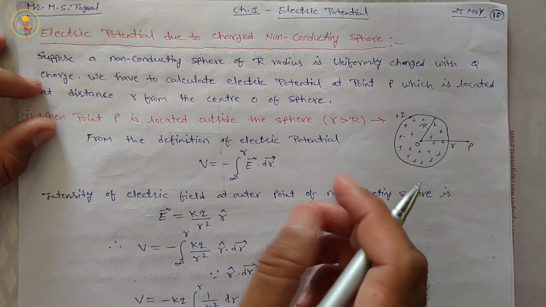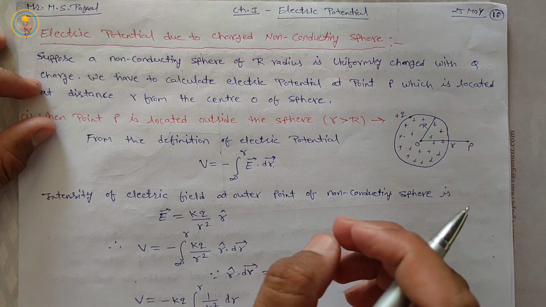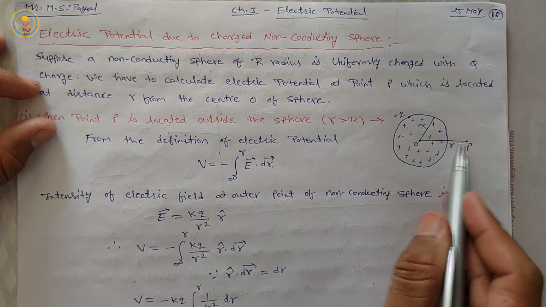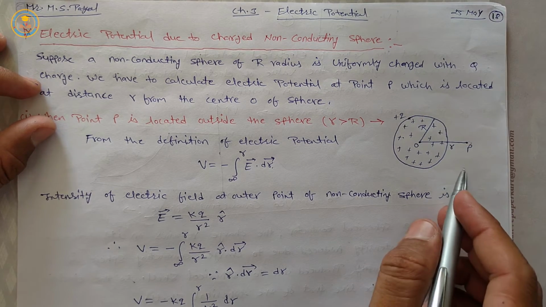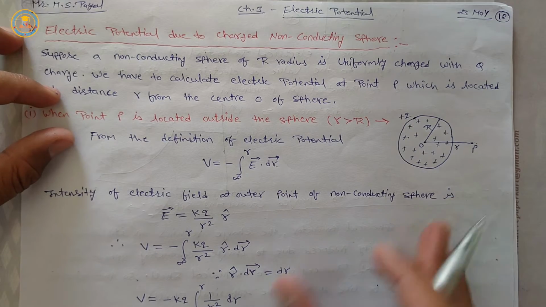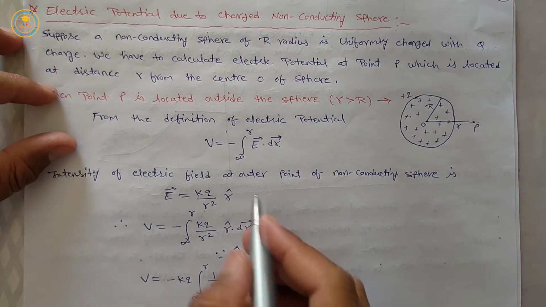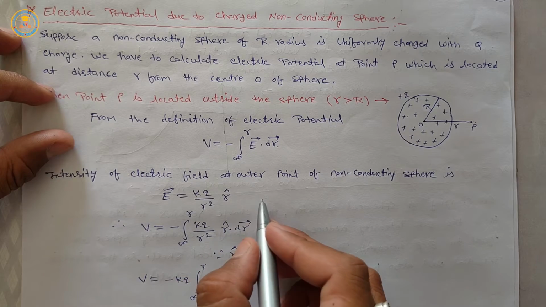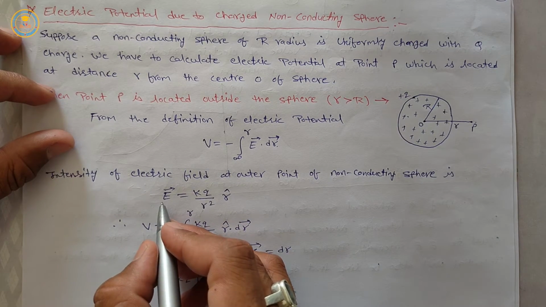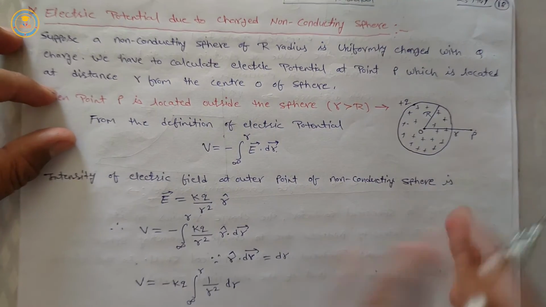From the previous chapter, we know that the electric field intensity at an outer point of a non-conducting sphere is E equals kQ upon r square r cap. Here r cap is the unit vector which represents the direction of the electric field intensity at this point.